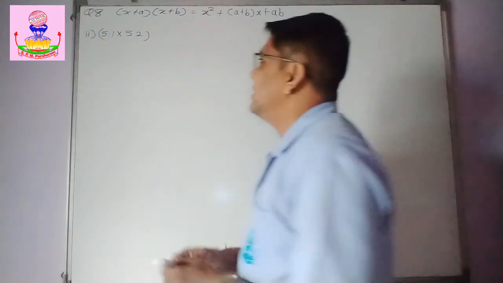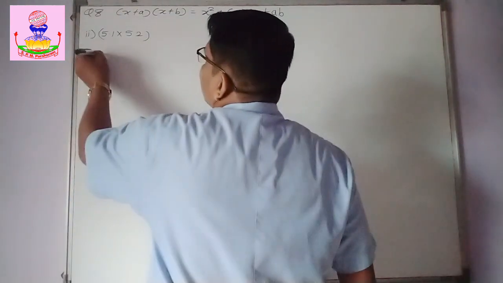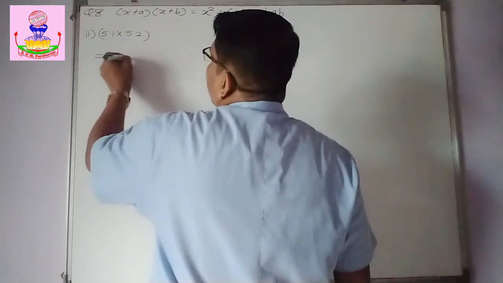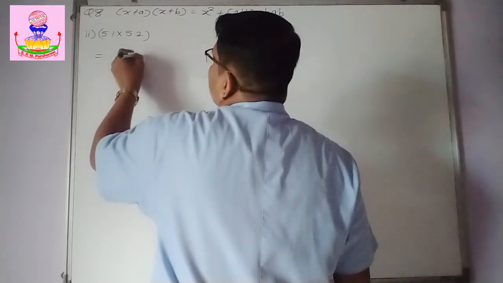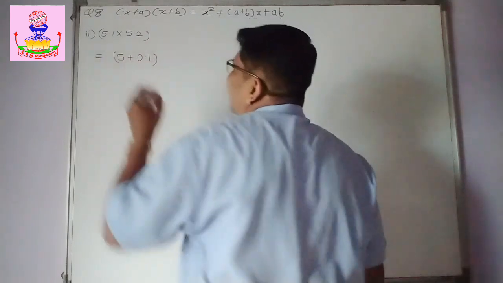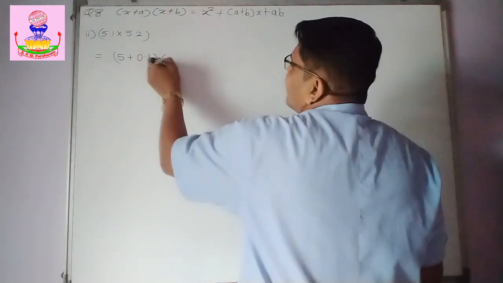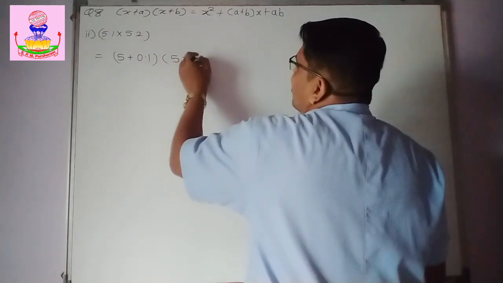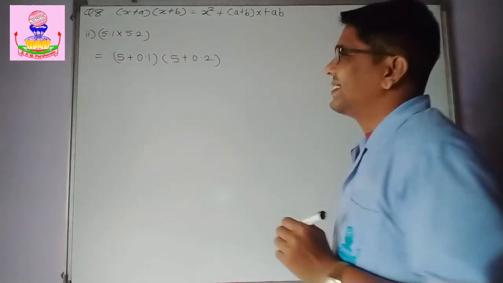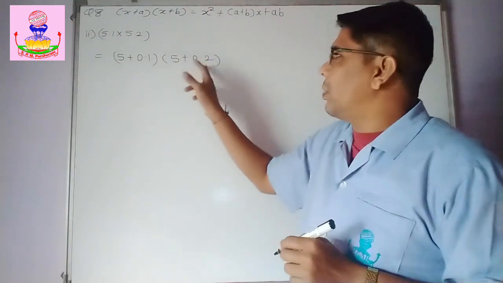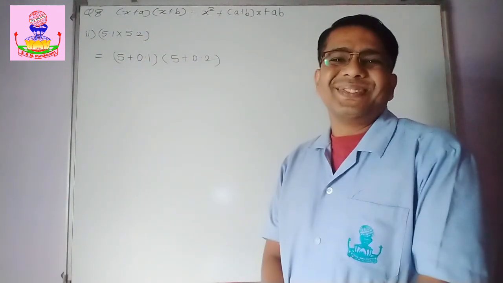So this I can write as 5.1, 5 plus 0.1, and 5.2, 5 plus 0.2.